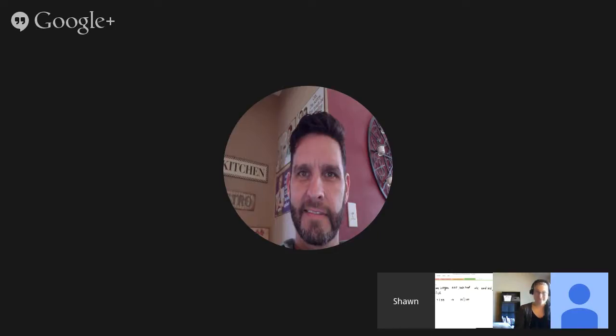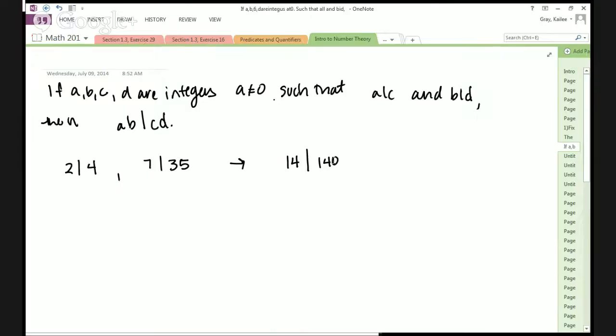So we've got an implication here to prove, and so we can use a direct proof. We can try. A lot of these proofs with divisibility and modular congruences that we're going to be doing are pretty straightforward. They're not crazy contradiction cases.